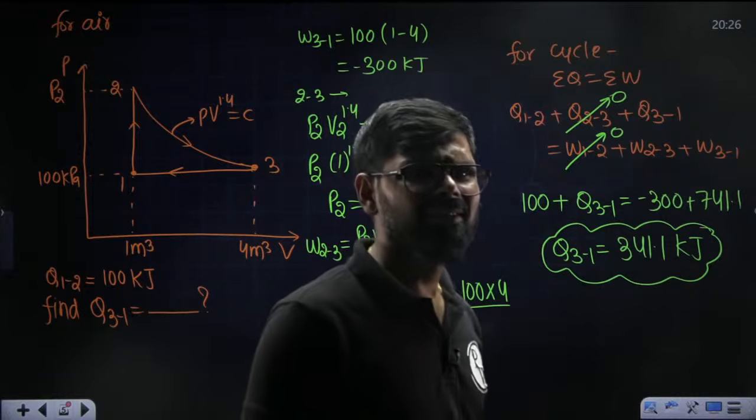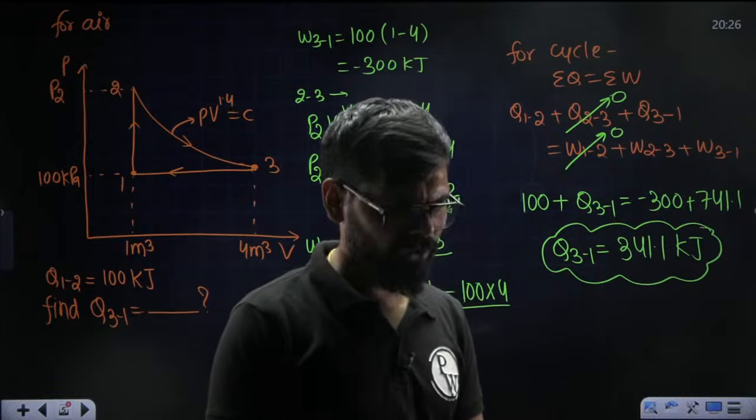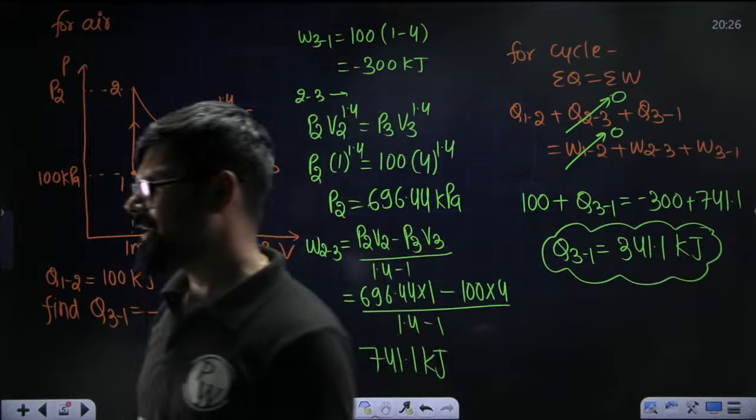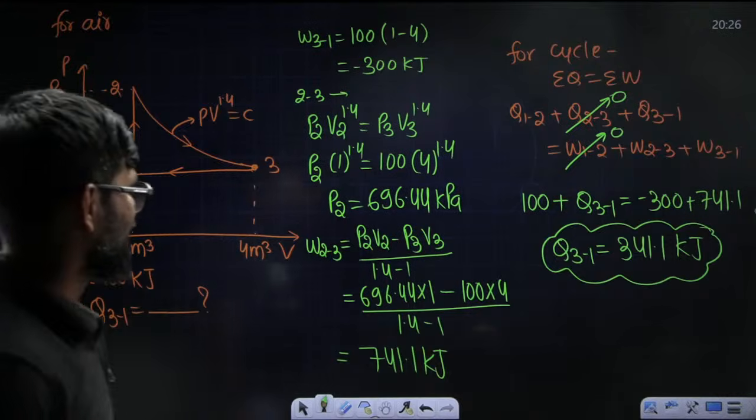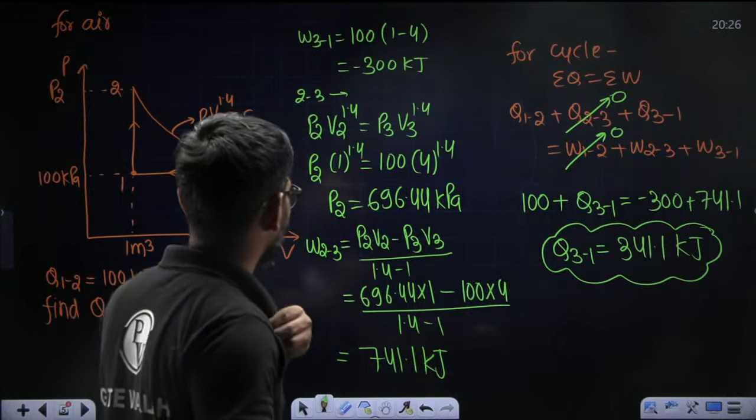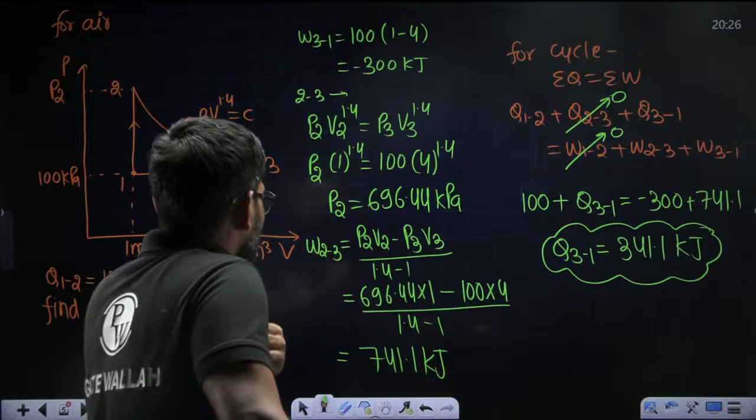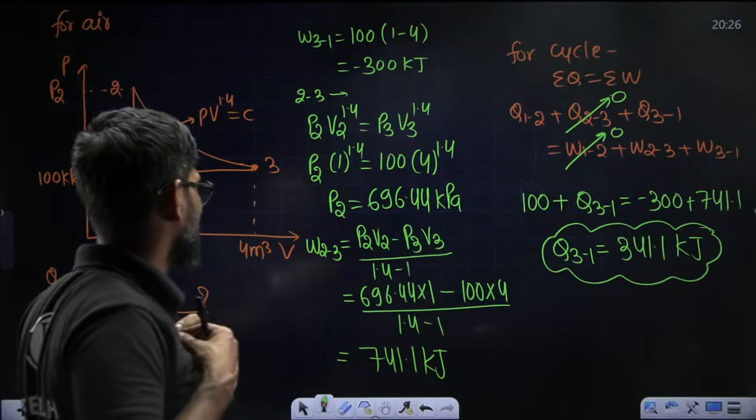900 something? How are you getting 941? Just check the calculation once. There may be a chance I made a mistake, but there is less possibility that I made the mistake, right?